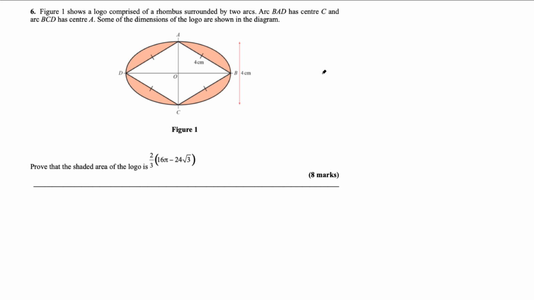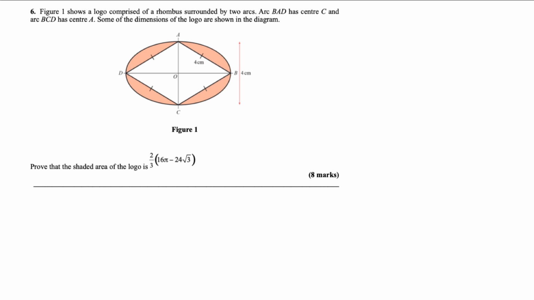Enough stalling. So this question says, Figure 1 shows a logo comprised of a rhombus surrounded by two arcs. Arc BAD has centre C and arc BCD has centre A. Some of the dimensions of the logo are shown in the diagram.